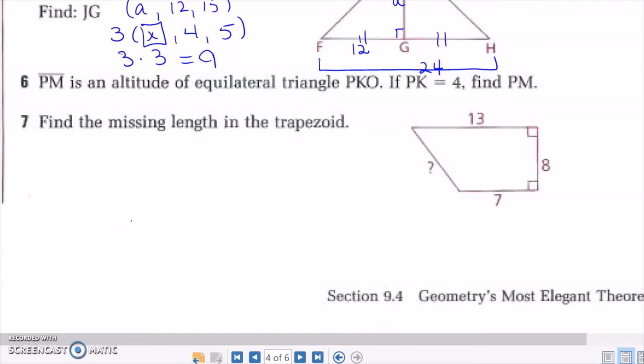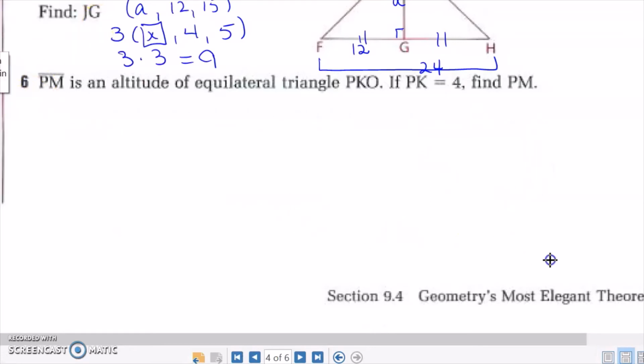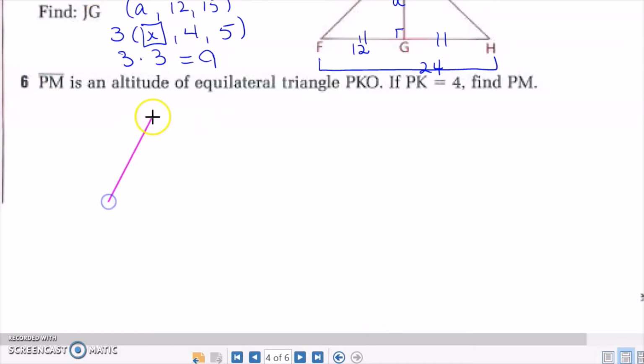The equilateral triangle, I'm actually going to block this one out. You're going to have to do that on the homework, but I need a place to write. So the equilateral triangle, when we drop down the altitude, it's also the median.